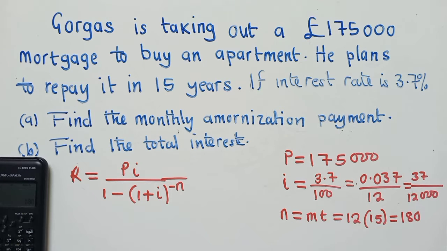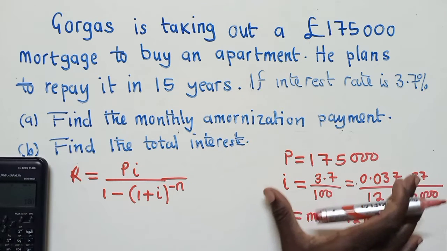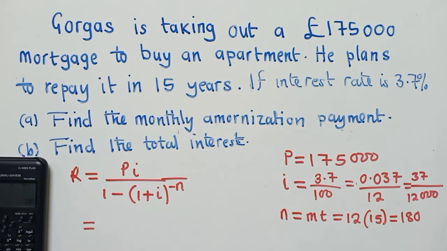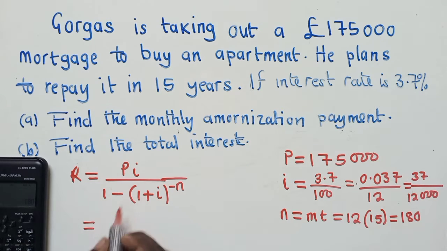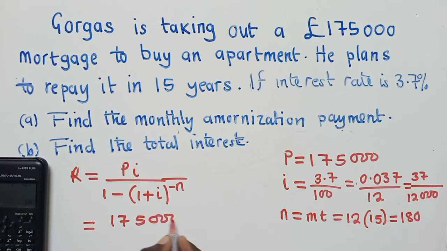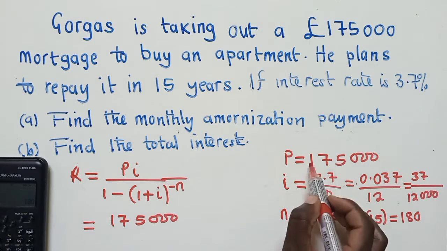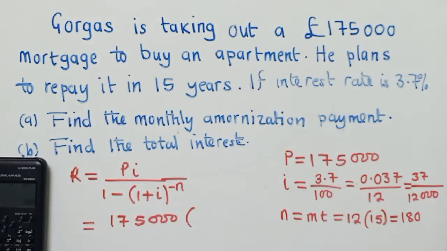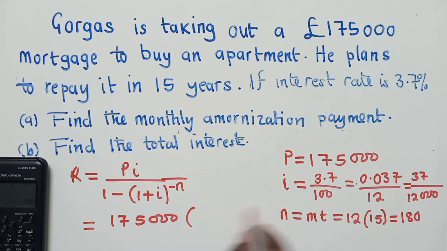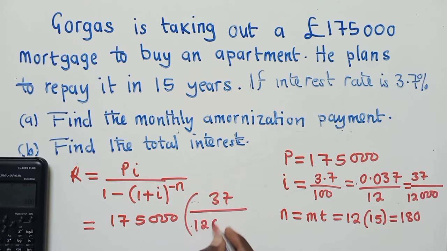So upon getting all this data, you are now free to plug it into your formula. Our P is right here. I've put my P, which is the principal, what this person is getting, and our i, of course, is 37 over 12,000.